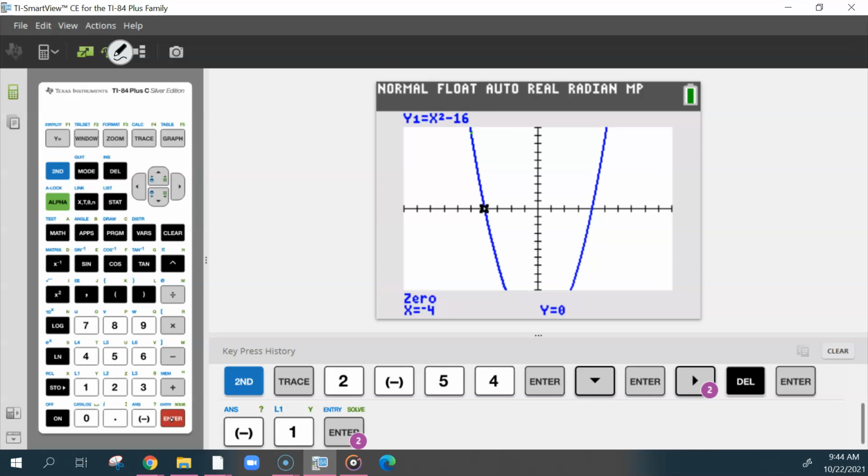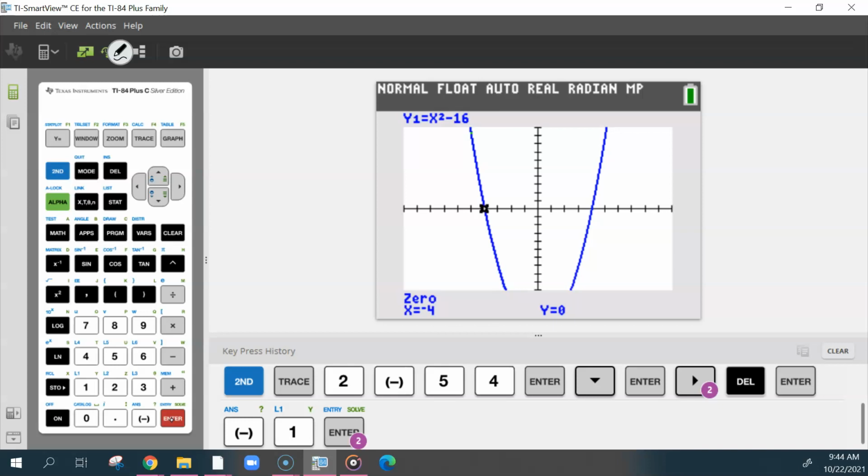And then hit enter and enter again. We're going to do the same thing but for the other side, so if you have another question, just ask.